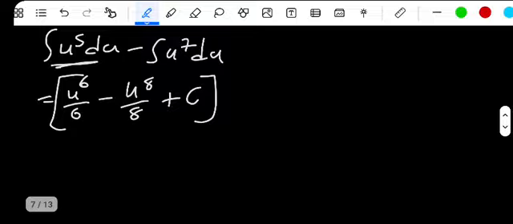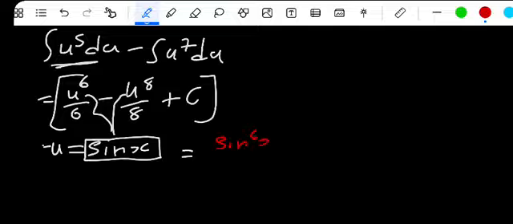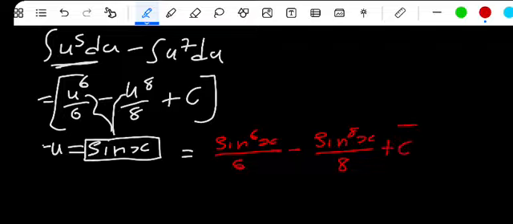All right, but remember we have said u is the same as sin x. Where we see u, we replace that with sine. So when we replace this there and there, we'll have sine raised to the power of 6 x all over 6 minus sine raised to the power of 8 x all over 8 plus c.